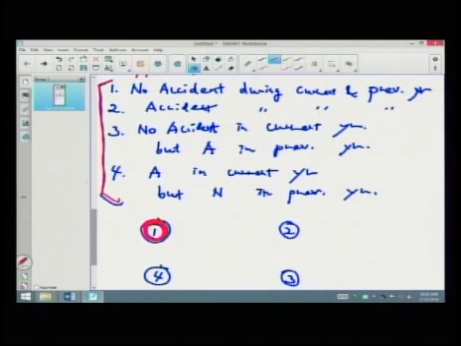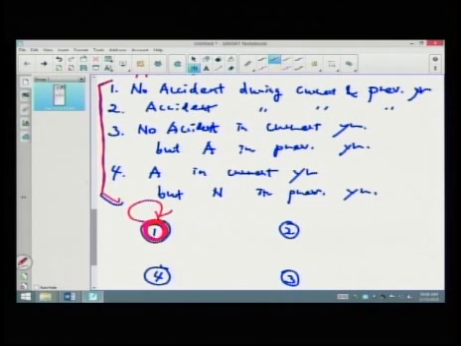Okay? Do we have this transition starting from 1, and then after 1 year, you can land in state number 1? Is it possible to do that? So basically, it is no accident during the current year and previous year, and also next year, right?